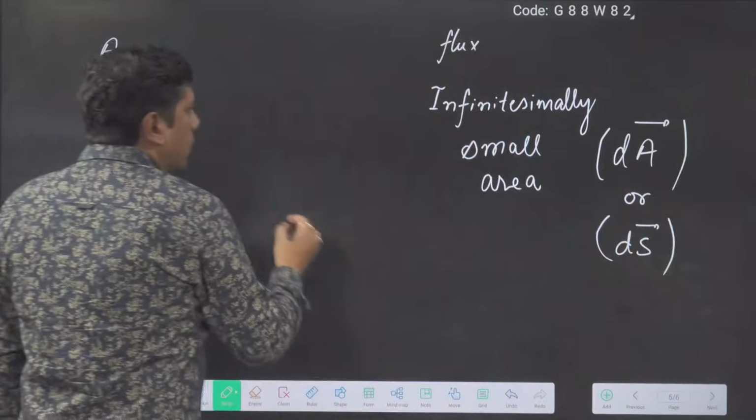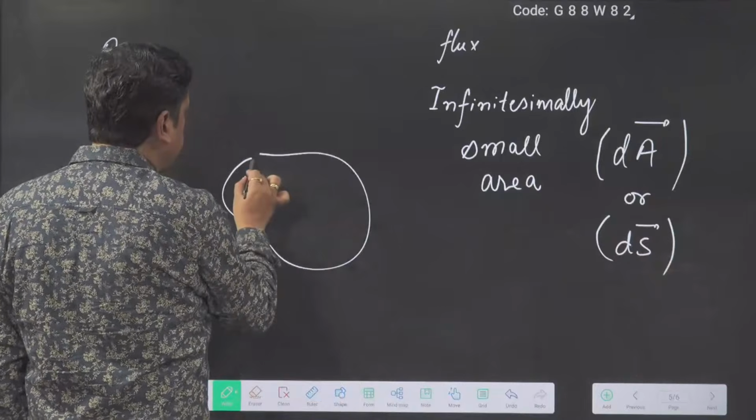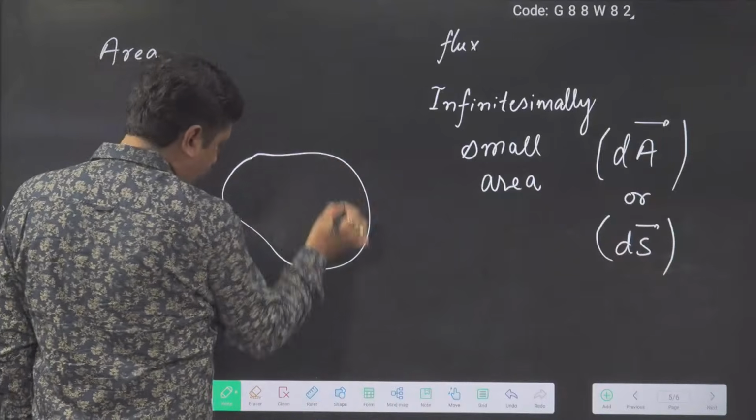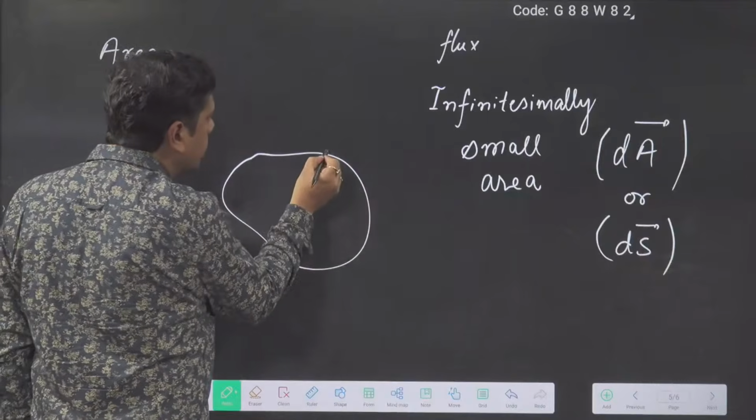Okay? So what is this thing? Let's say there is an object. This is a surface. So we talk about a very tiny patch, a small patch here.